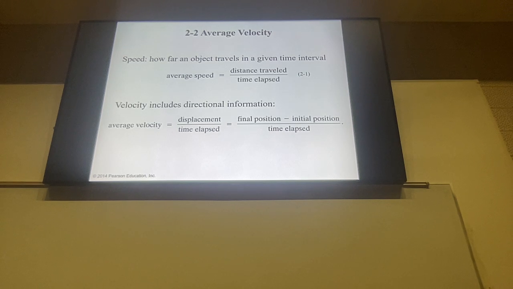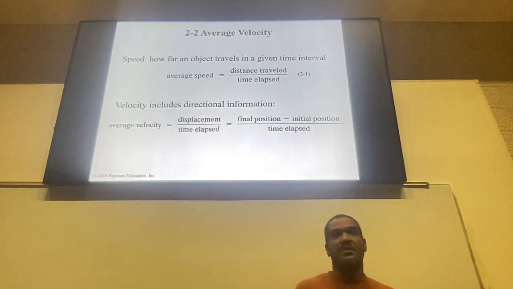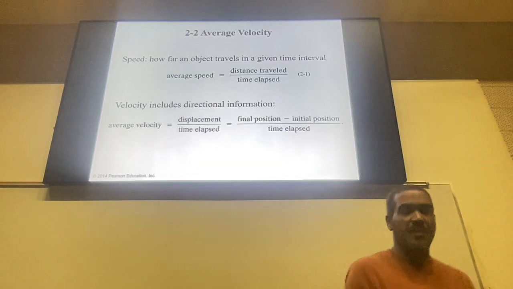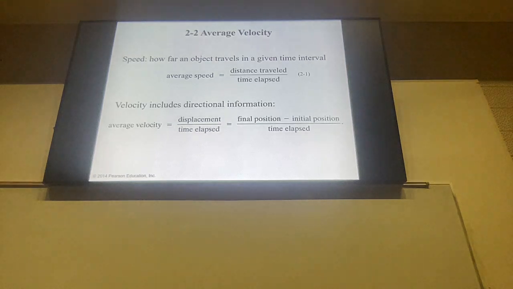There's no direction. Because how do I know which way I'm going for 200 miles? 200 miles could be in either direction. Okay? So it's very important that we specify a direction when we talk about velocity.